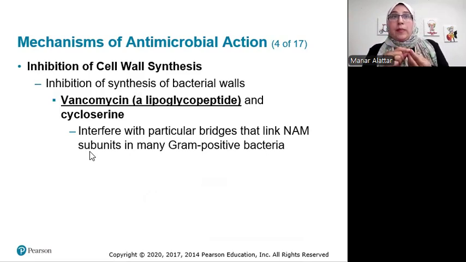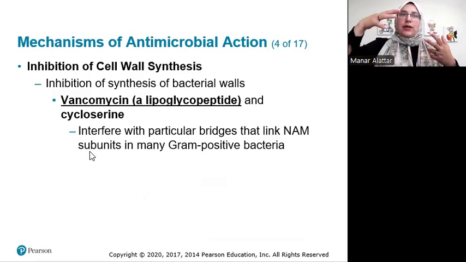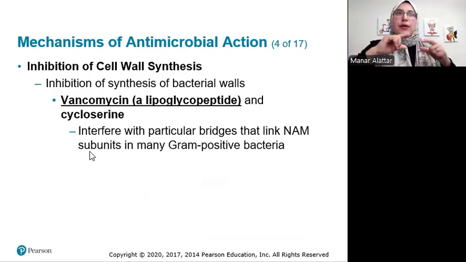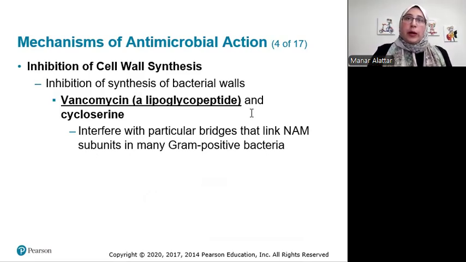And so vancomycin is actually inhibiting the production of the cell wall at all. Whereas with penicillins, the layers of the cell wall are produced but not linked together. So vancomycin and lipoglycopeptides are inhibiting an earlier step in the formation of the cell wall than our beta lactams.